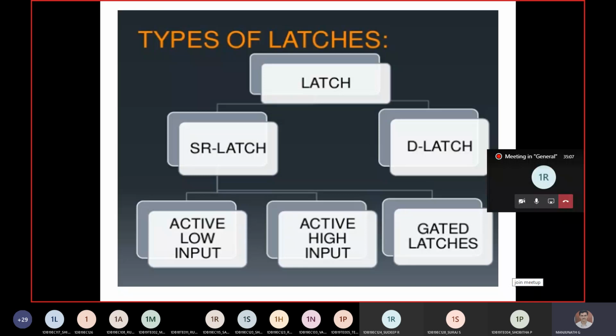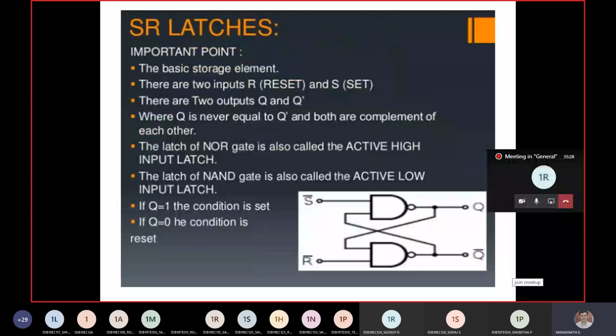D latch is just a symbol representation along with NOR or NAND implementation using a truth table. But the maximum you need to learn is based on SR latches. This is the overview of the types of latches. Just have an idea about this. Let's move straight to the first latch, that is called SR latch.